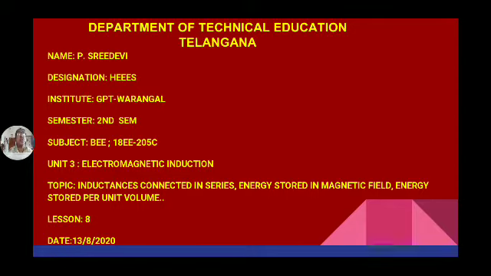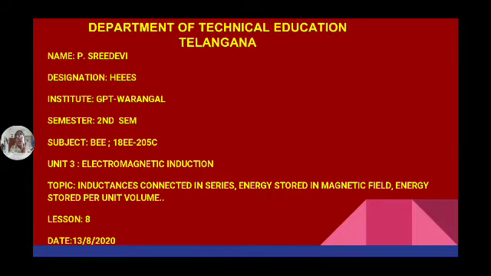So this principle is very much helpful in operating all electrical machines like transformers, generators and motors. So without this principle, no electrical machine can be operated. So in this way we can induce the EMF.